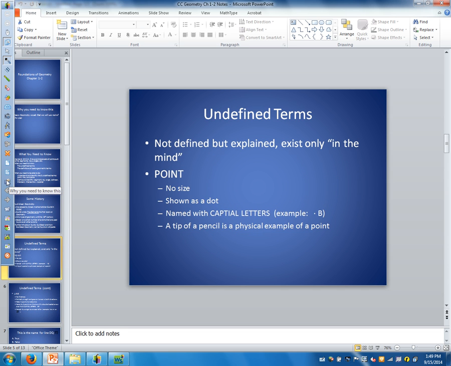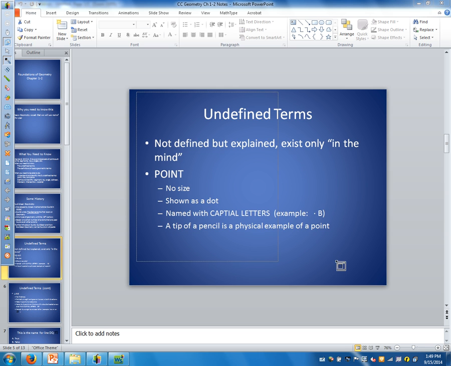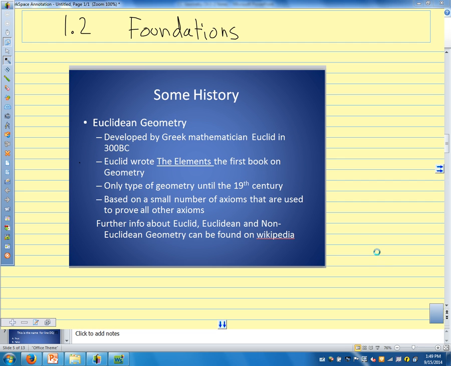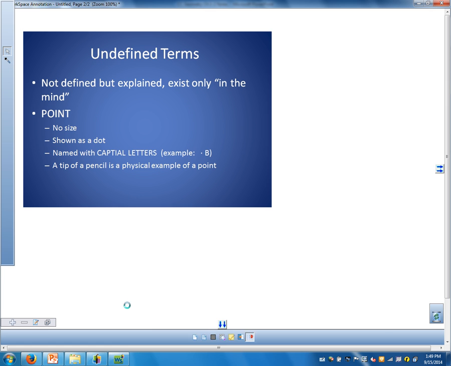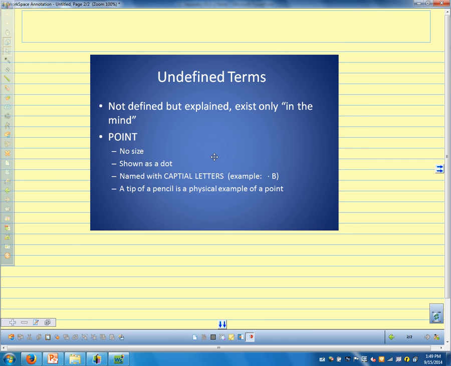In three boxes for the facts and characteristics, you should write undefined term. And then we'll get to our undefined terms right now. So our first undefined term is a point.